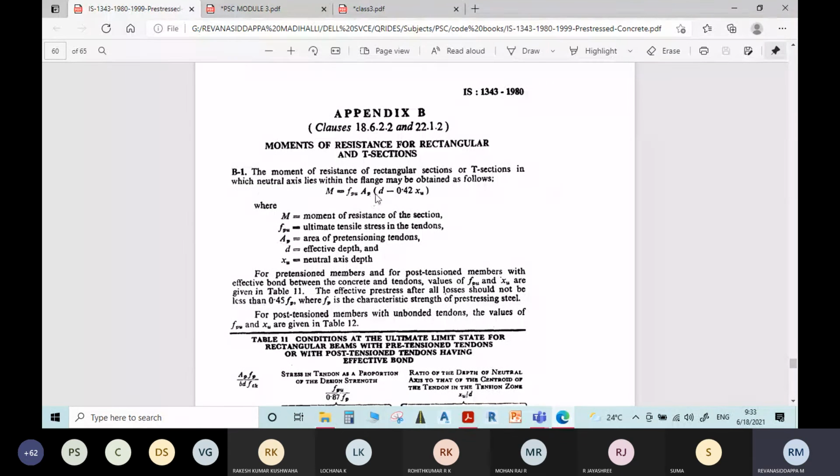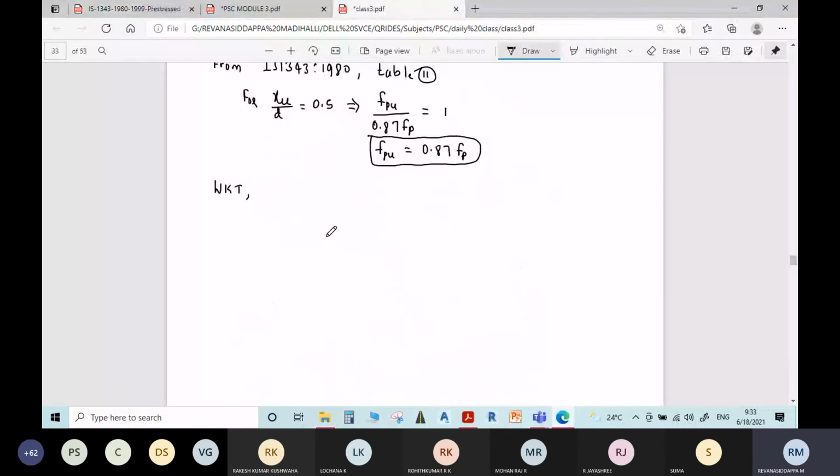M is equal to FP into AP into D minus 0.42 XU. M is equal to FPU into AP into D minus 0.42 XU.